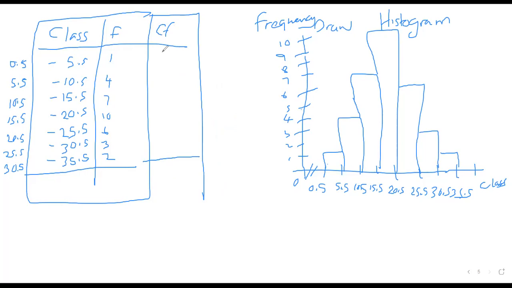We start with the 1, add to the 4, we get 5. Add to the 7, we get 12. Add to the 10, we get 22. Then 22 plus 6, 28. 28 plus 3, 31. 31 plus 2, 33. That is the total we have here. Summation of F is 33.